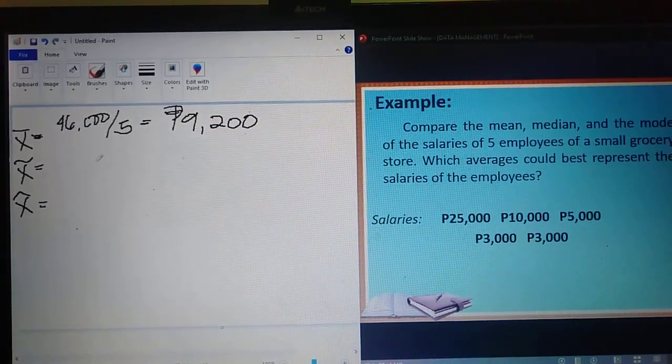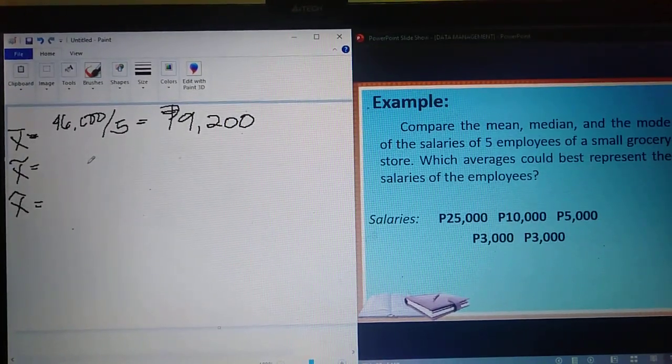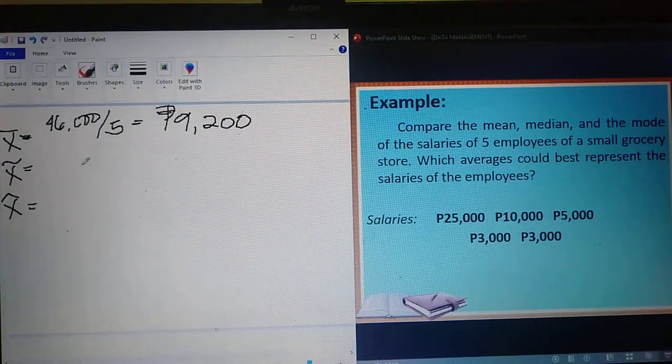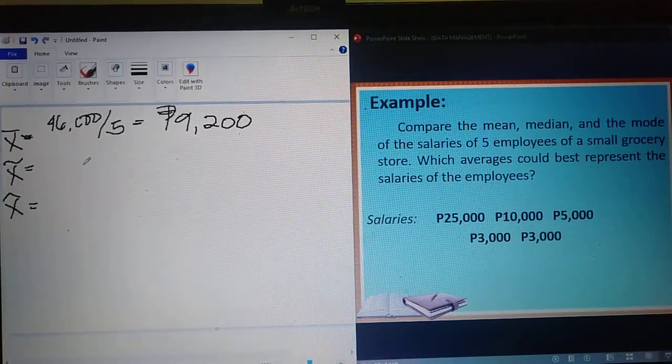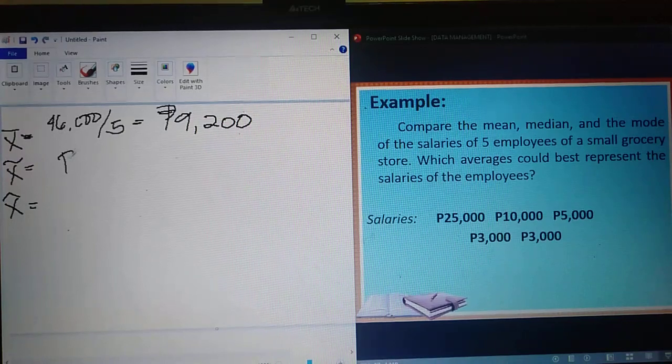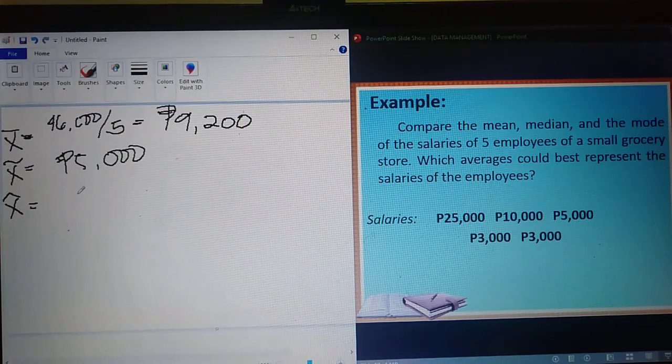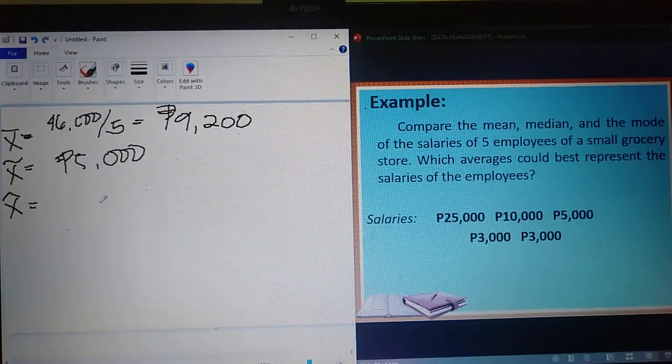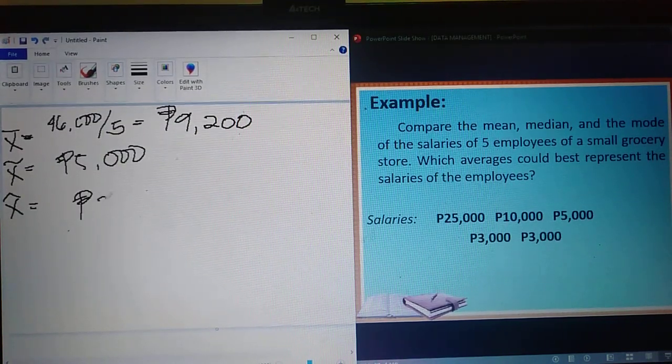Now, median naman, middlemost. So, as you can see, yung example natin ay naka-arrange na siya, naka-order na siya. So, 5,000 ang makikita mong middlemost. And then, sa mode naman, as you can see, naulit yung 3,000. So, yun yung sagot natin.